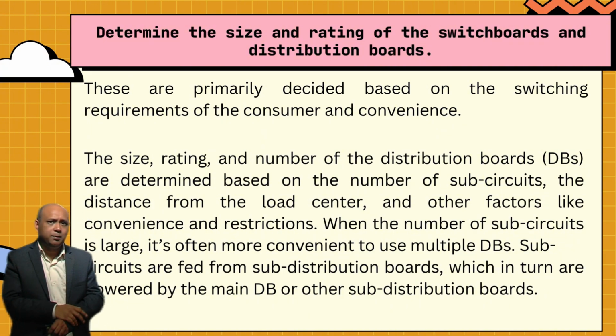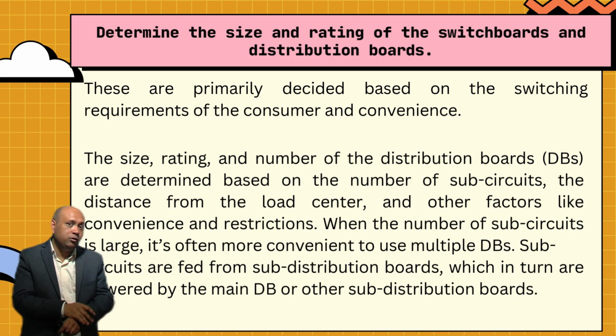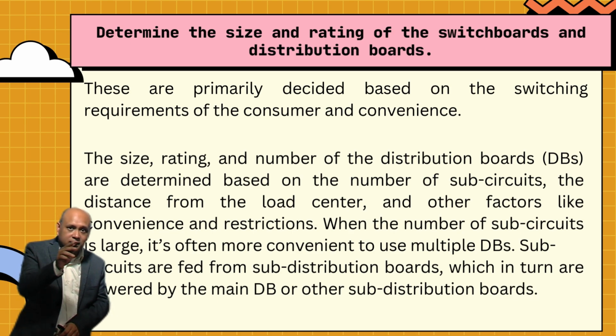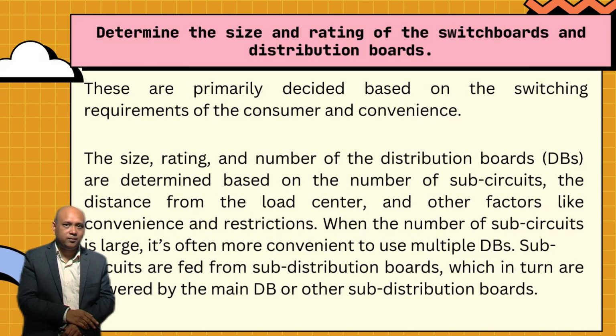When the number of sub-circuits is large, it's often more convenient to use multiple distribution boards than just one distribution board. Sub-circuits are fed from the sub-distribution board, which is in turn powered by the main distribution board or other sub-distribution boards.